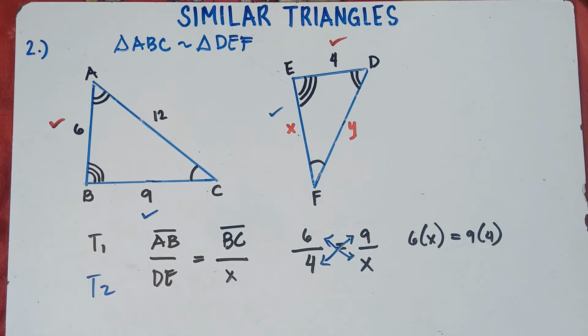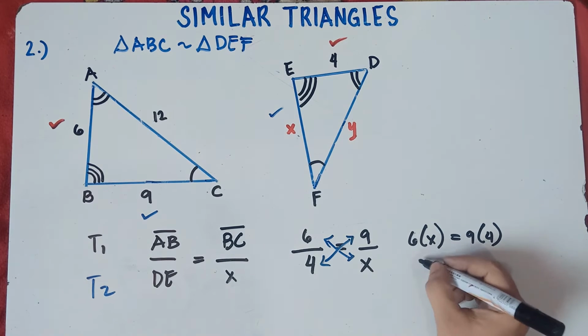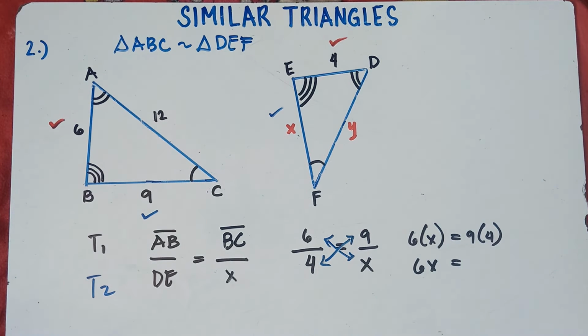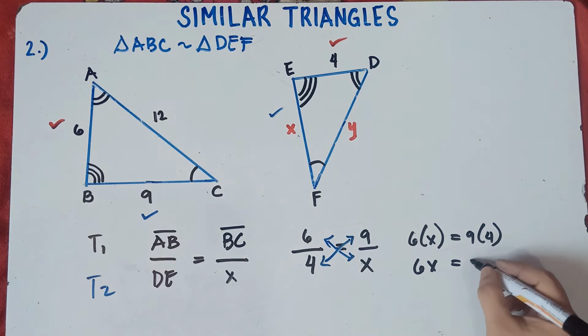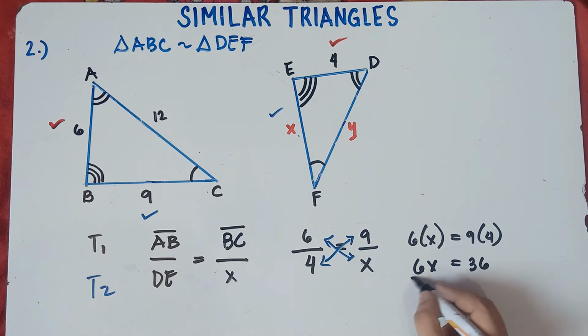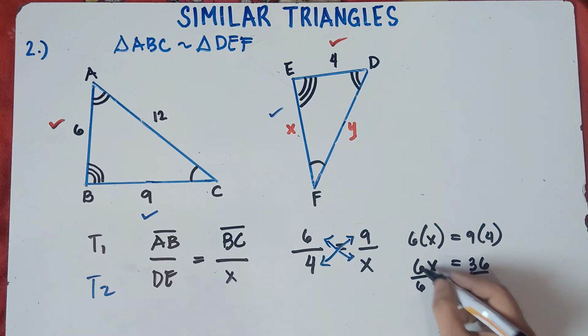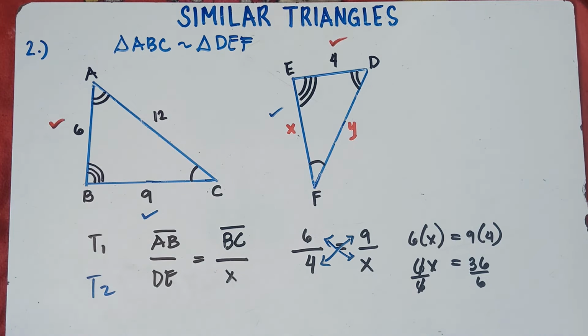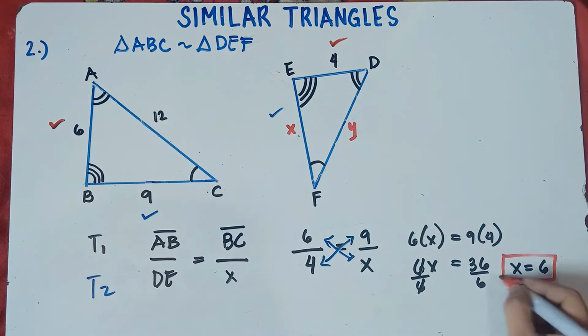So 6 times X, what's the answer, class? That's correct. That is 6X equals 9 times 4, that is 36. And then divide both sides by 6 so that we can get the value of X. So 36 divided by 6 is 6. Therefore, class, our X is 6.